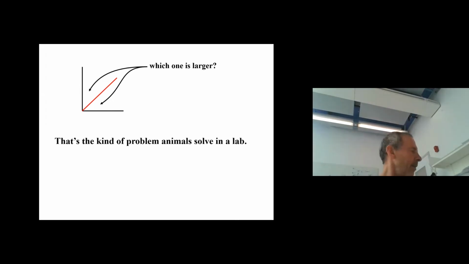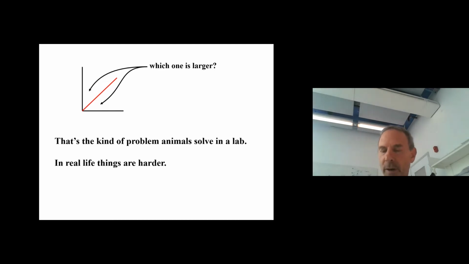And this is the kind of problem that's been sort of the mainstay of systems neuroscience for about 5 decades. Okay, neuroscientists love asking animals things like this while recording from neurons. Later on, I'll tell you why I think that's a horribly bad idea, but it's really, really common.